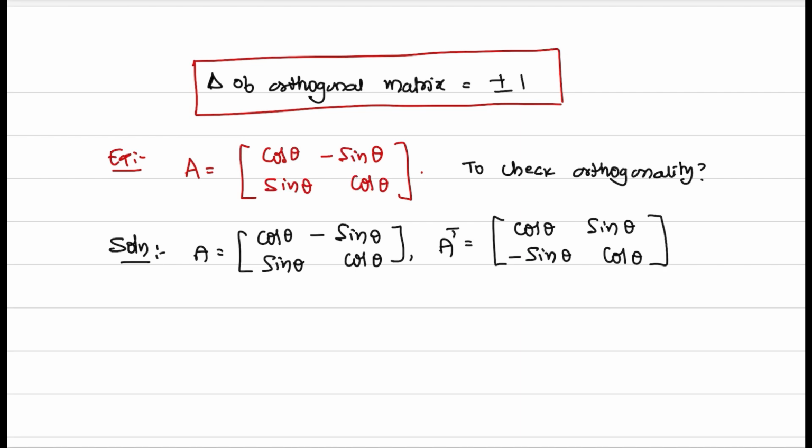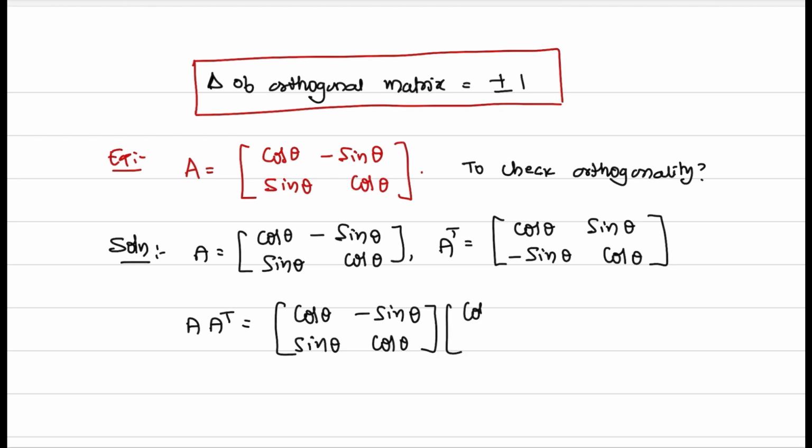Then let us find A into A transpose. The first element is cos square theta plus sin square theta, since minus into minus is plus.